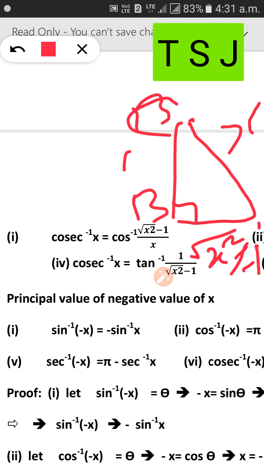And after this, you change this into another inverse trigonometric ratio. Suppose you need tan: tan is perpendicular upon base. Perpendicular is 1 and base is under root x square minus 1. So you can convert cosec inverse x in terms of all the inverse trigonometric ratios.